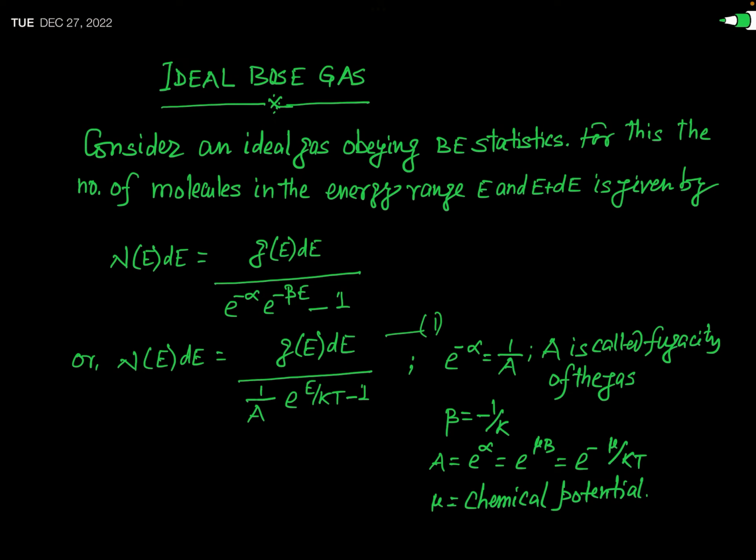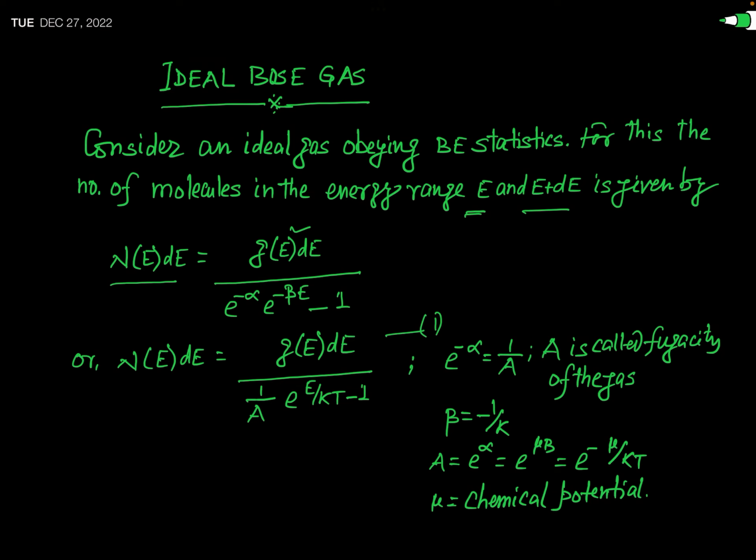As you know, according to Bose-Einstein statistics, if we consider that in a gaseous system, the energy of molecules lies between E and E plus dE, then the number of molecules possessing energy in this range, in accordance with Bose-Einstein statistics, is given as N of E dE equal to G of E dE divided by E to the power minus alpha into E to the power minus beta E minus 1.